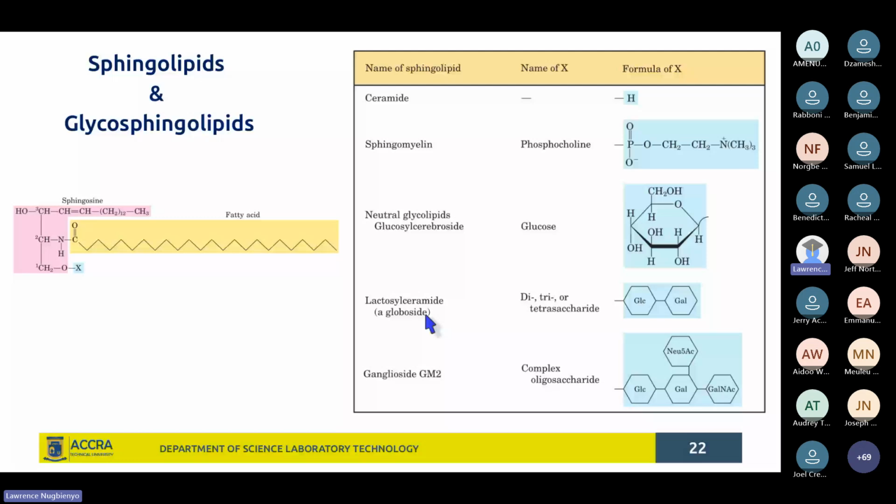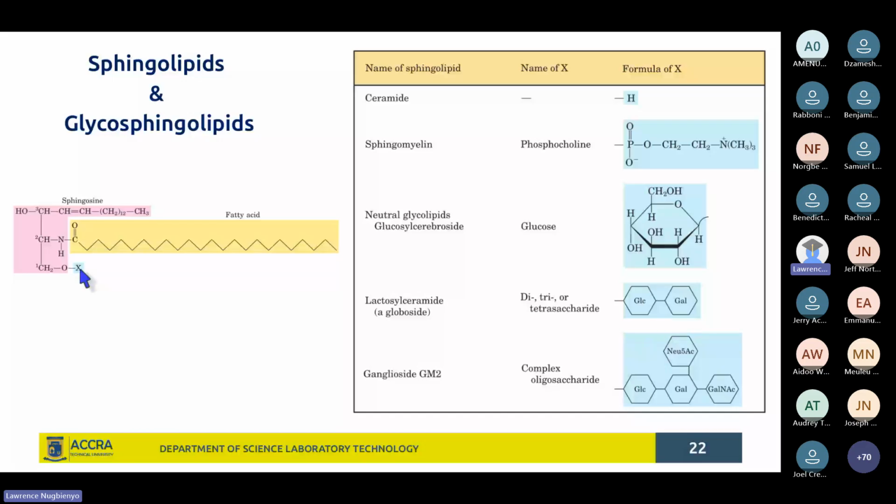You can have in place of that X, the head substituent, some disaccharide, trisaccharide, tetrasaccharide, like some oligosaccharides as the head substituents.